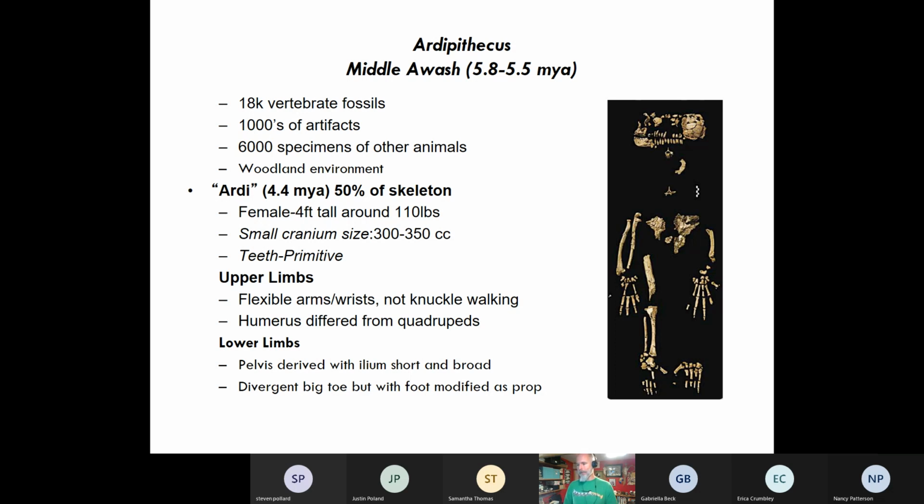It's a mosaic of traits here, and it's not a perfect package of, oh, this is perfectly a Homo. These are traits that are moving towards Homo, but it's not a perfect picture yet for walking upright. So most likely, again, found in a woodland environment, meaning that they were living in the woods and probably up in the trees part of the time.